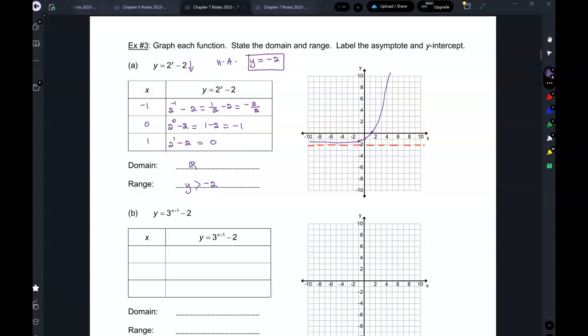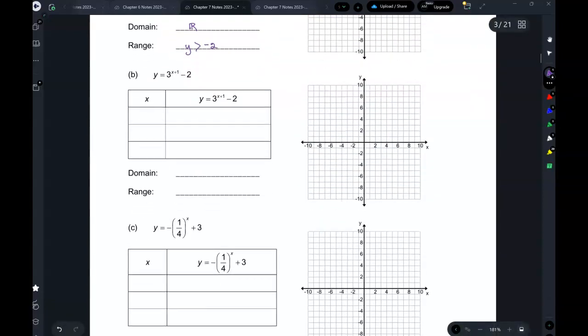If you have 2 to the 3 over 2 to the 3, how much is that? 1. But we learned last chapter that this is also 2 to the power of 3 minus 3, because you subtract the exponents. So that's 2 to the 0, which is also 1.